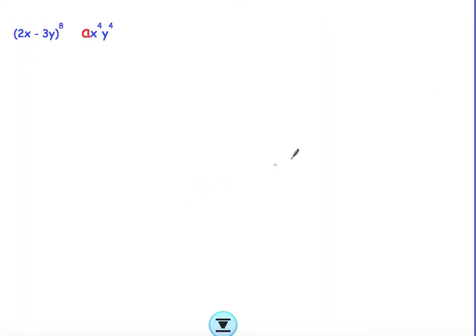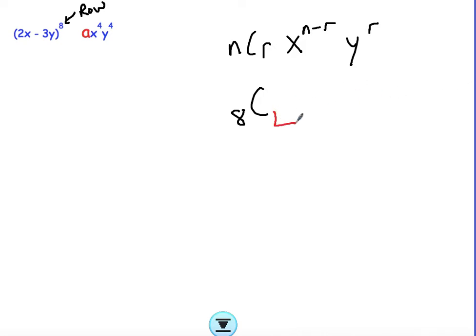All right, this one's a little bit trickier, but again, I'm going to follow my formula. All right, so this is one clue right here that we're going to be in the 8th row. So I know that n is an 8. R, I don't know what that is yet. X is whatever the first thing listed is.